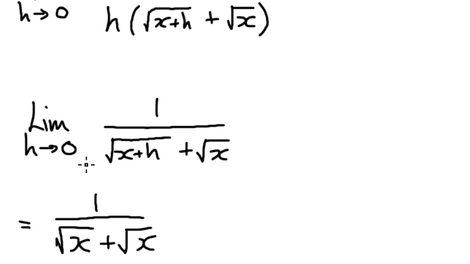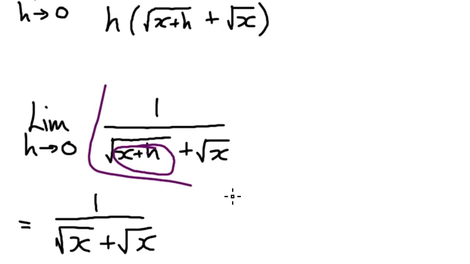Now visualize this as being a bubble. As h tends to 0, this bubble will be x plus near enough 0. So the limit as h tends towards 0, this bubble would just simply be x.